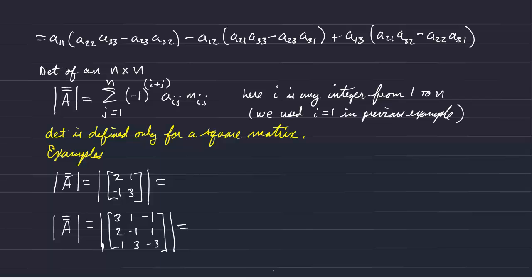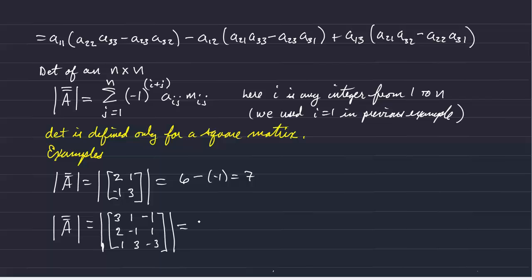Okay, so working through this, the determinant of a 2 by 2 matrix is just 2 times 3, which is 6, minus the product of the other diagonal, which is minus 1, and so the answer is 7.